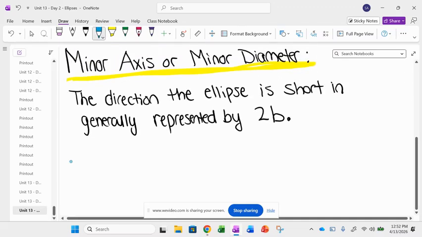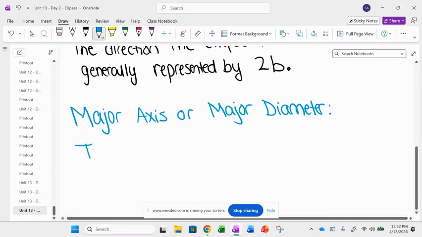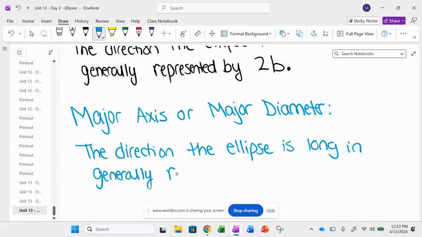So we're going to say the major axis or major diameter is going to be the direction the ellipse is long in, generally represented by 2a.